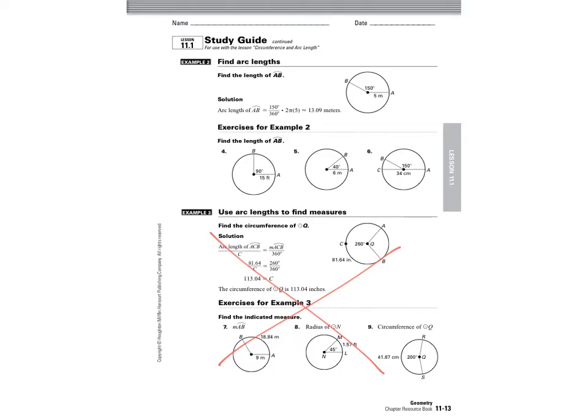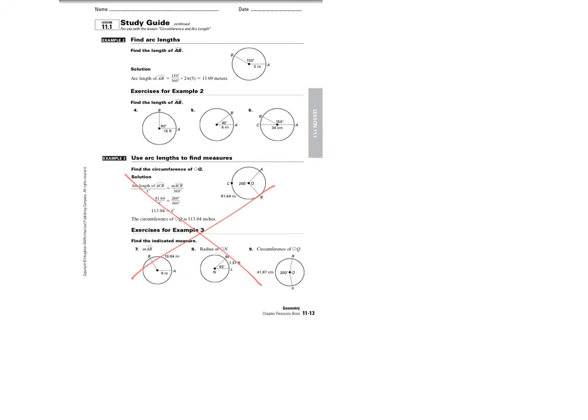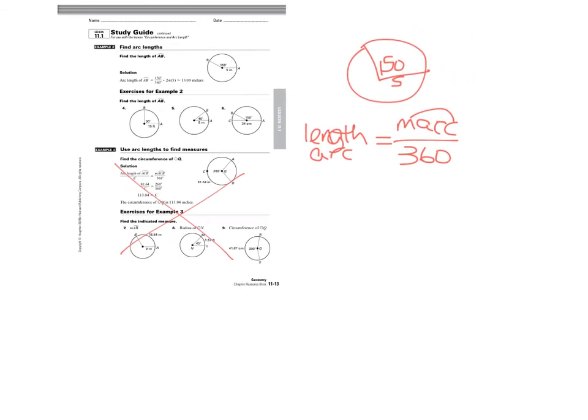So for example, I'll just walk you through the example and I'll leave 4, 5, and 6 for you to do on your own. So if I did the circle that's given there, and it has a 150-degree central angle with a radius of 5, the formula we're using here is the length of the arc is equal to the measure of the arc, which is in degrees, over 360, times the circumference formula.